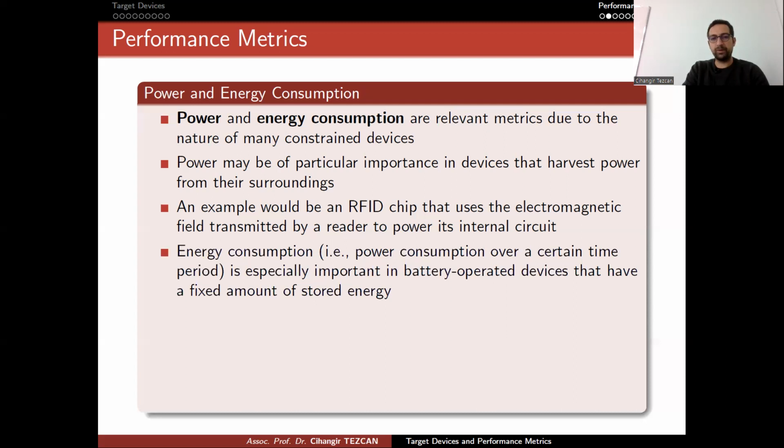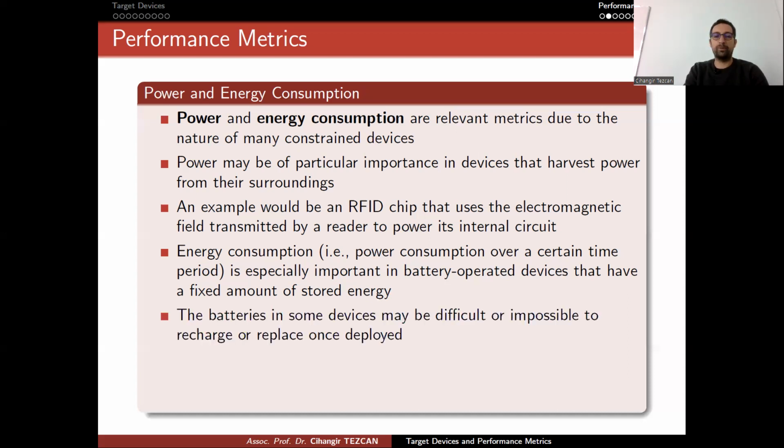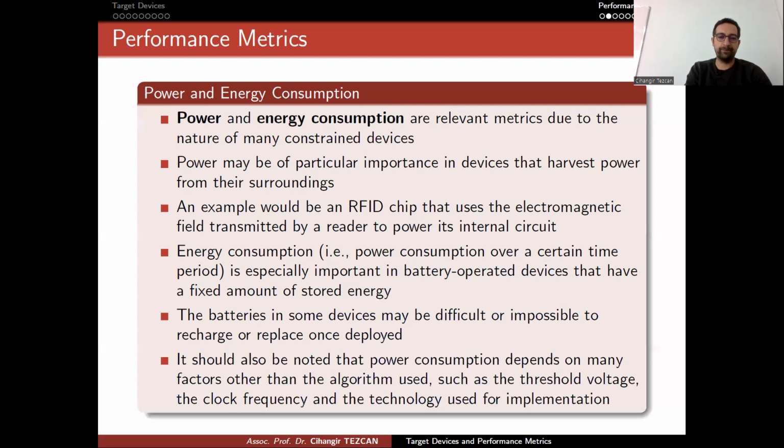last very long. So in order to have smaller energy consumption, your algorithm should perform fewer operations and so on. The batteries in some devices may be difficult or impossible to recharge or replace once deployed, like in the medical implants.